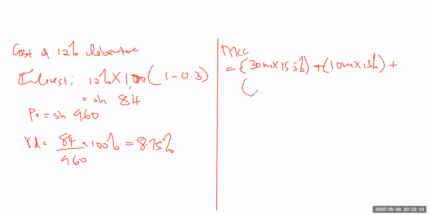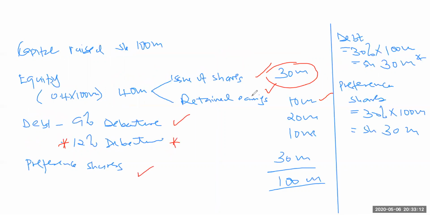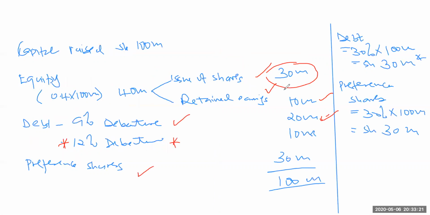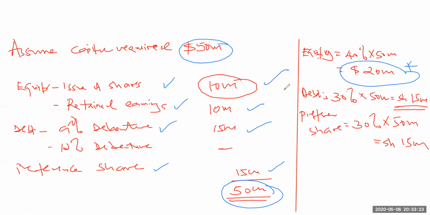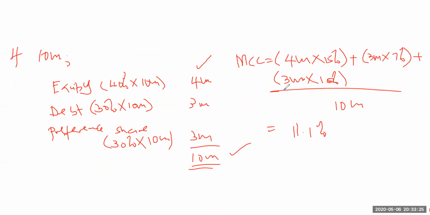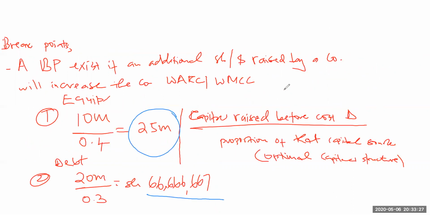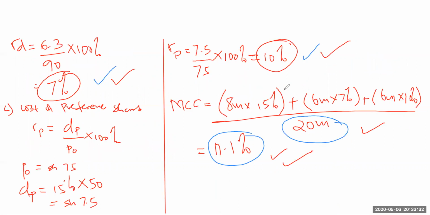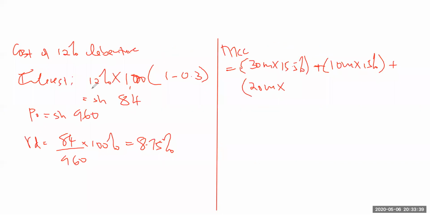Then this company also has the 9% debenture; 20 million will come from it. And the cost of the 9% debenture was how much? I cannot remember. Yes, we have it here, 7%.